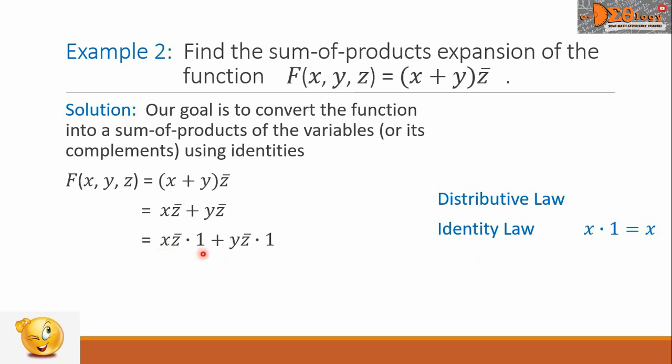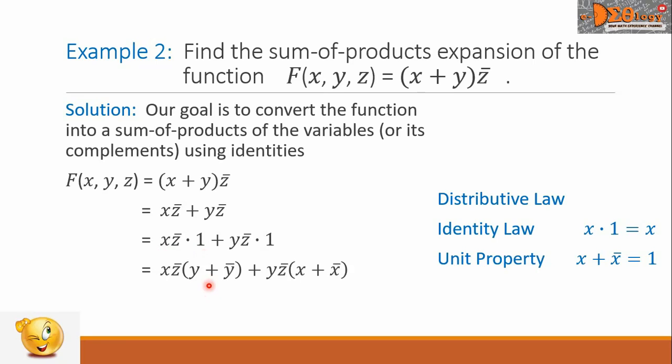We have now two products here. In our first product, there is no variable y. In the second product, there is no variable x. That's why, for the first product, we're going to introduce an expression to replace the number 1, and the expression contains the y variable. So we have y plus y bar. In the second product, since there is no x variable, we're going to replace this number 1 by an expression with the x variable, and that is x plus x bar.